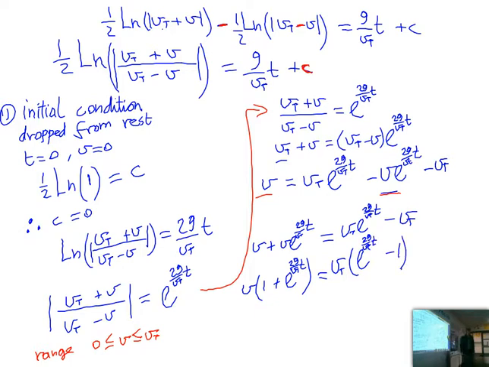To solve for the velocity variable by itself, we've got to divide by this bracket, with this factor of terminal velocity out the front, and in the numerator we've got one term.